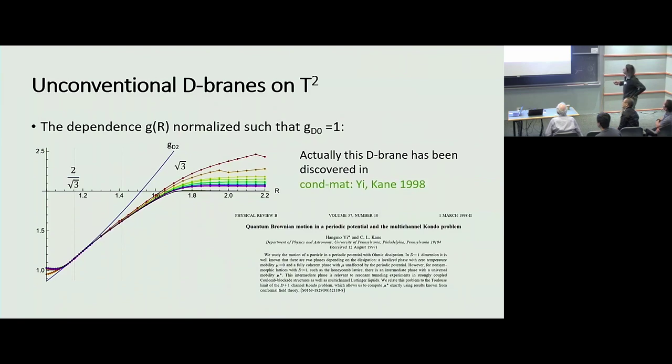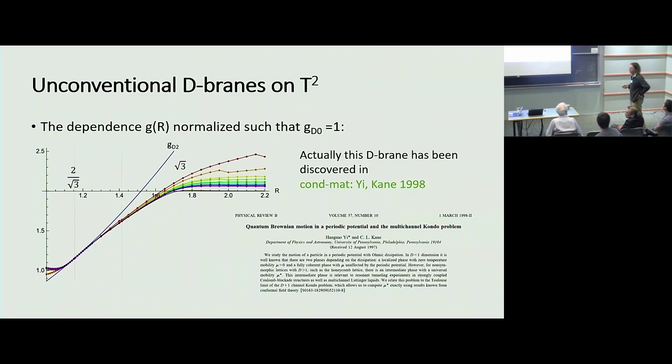The solution starts at this radius 2 over square root of 3, and the value is given, essentially in these units, by the volume of the D2 brane, which is the volume of the equilateral, the tilted square, how do you say it?